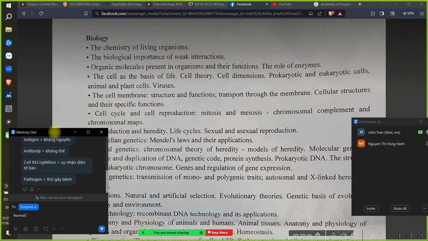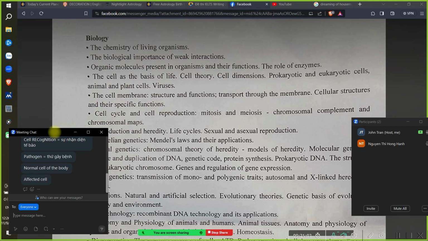It helps the immune system recognize whether it's a normal cell of the body, a pathogen, or a sick, affected cell, something like that.